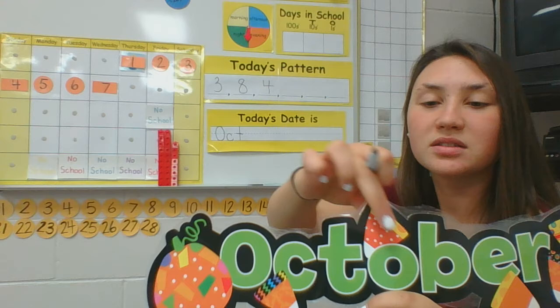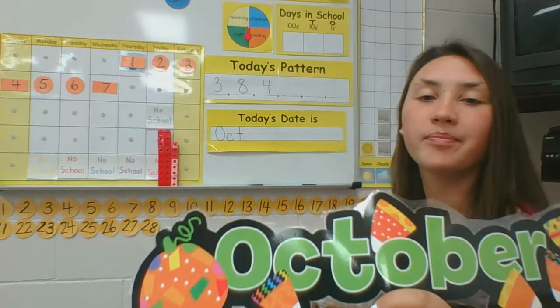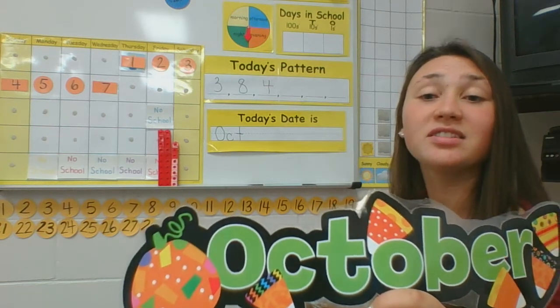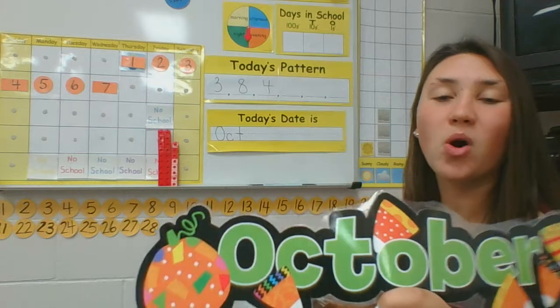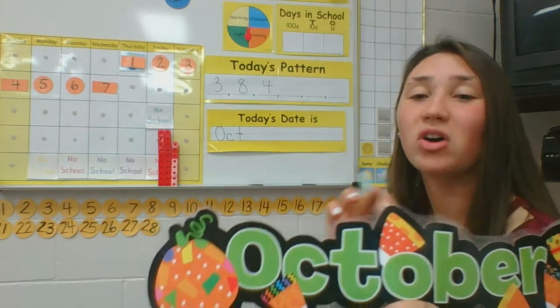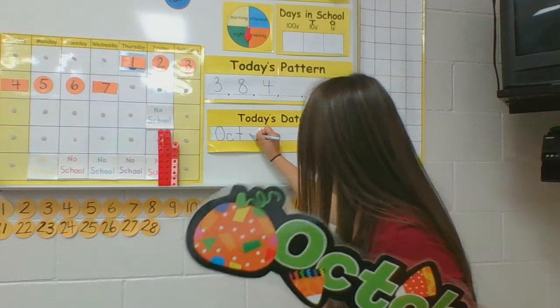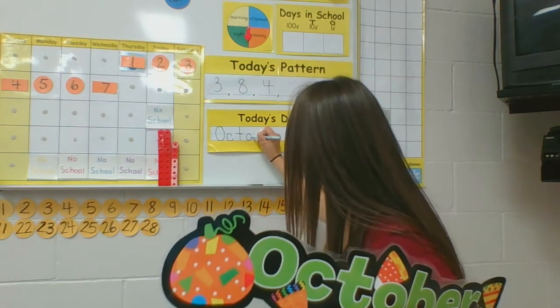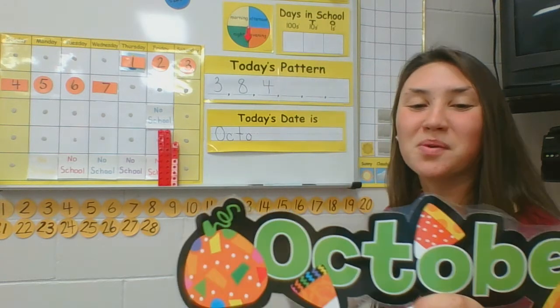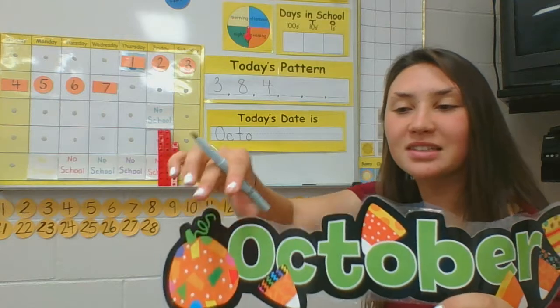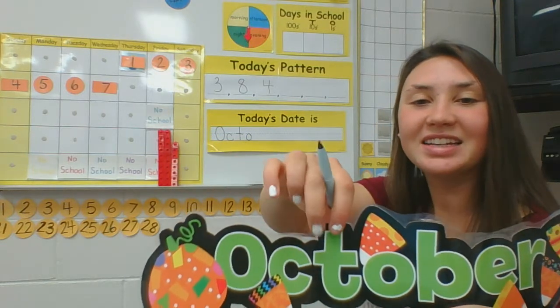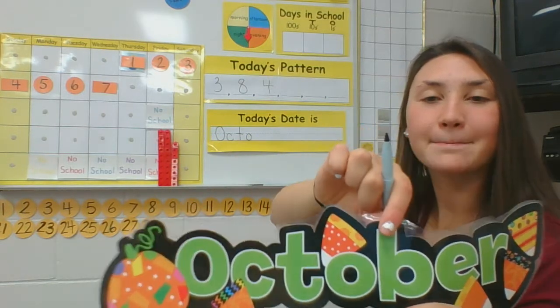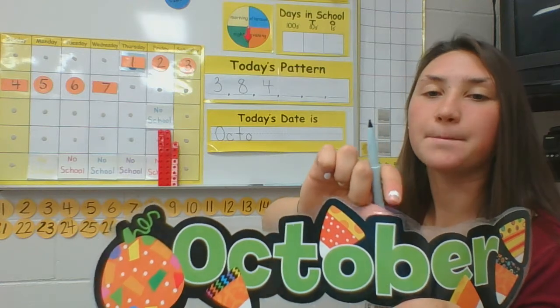This letter makes the O sound. And it's an O, right? It's the second O in October. And this one is lowercase, with a small o. So you're just going to touch the middle line and the bottom line for your second O. All right, we have O, C, T, O. This letter makes a b sound.